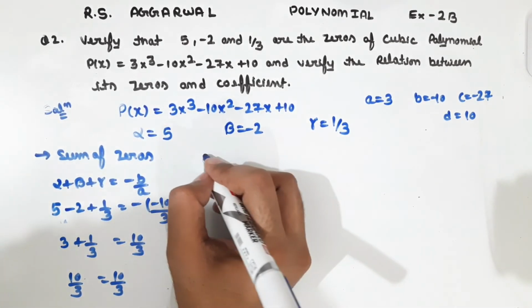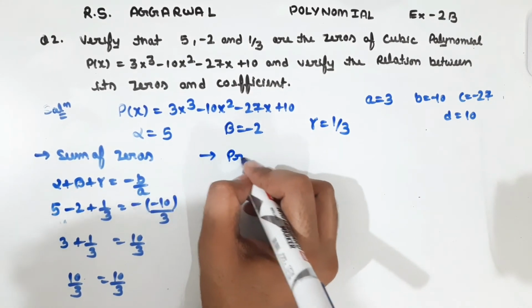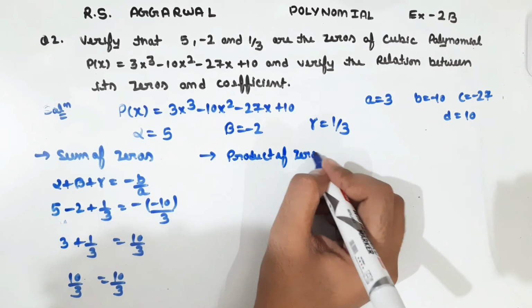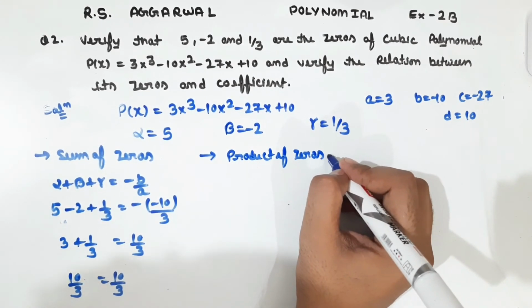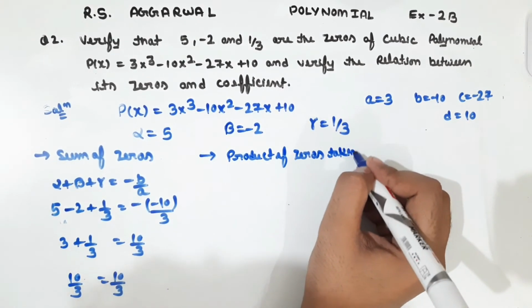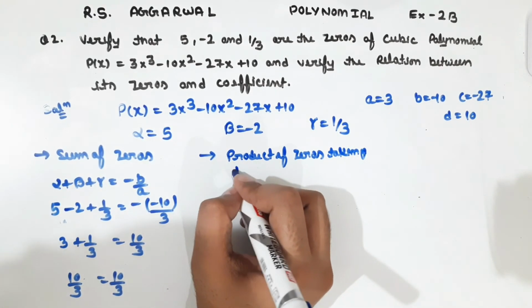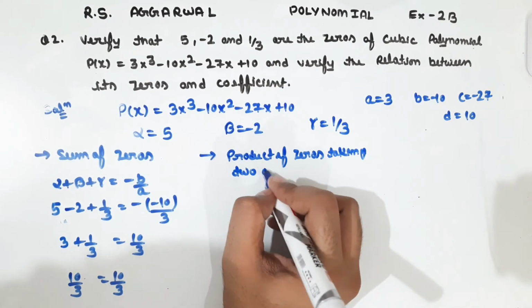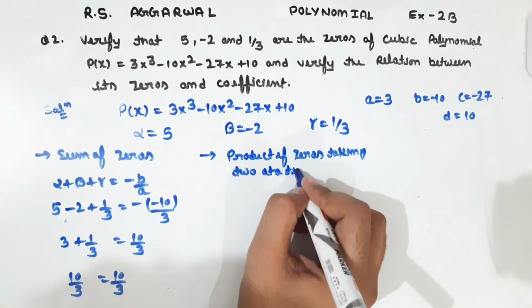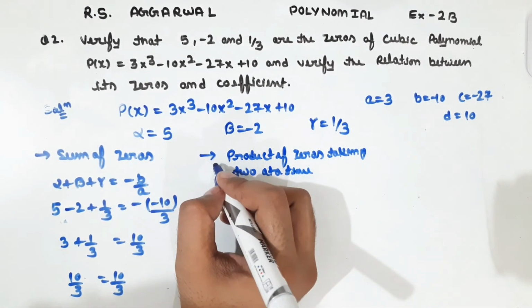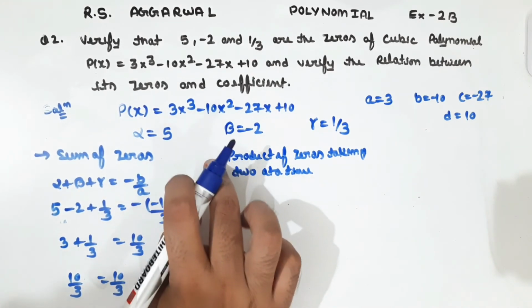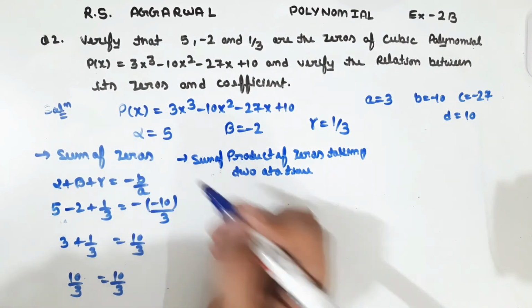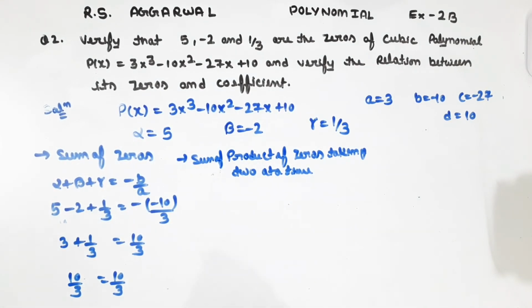Now product of zeros taking 2 at a time. Here we have to add the sum of product of zeros taking 2 at a time.